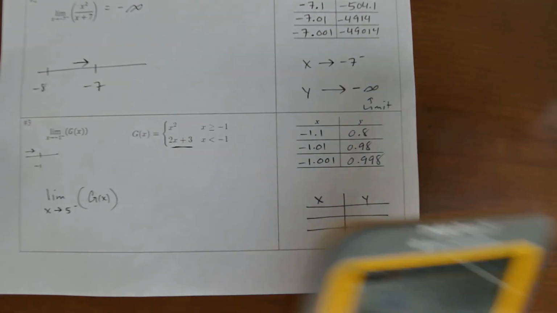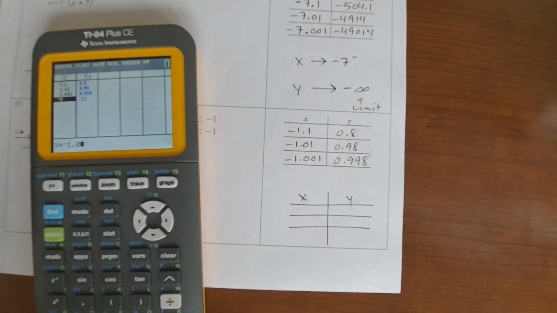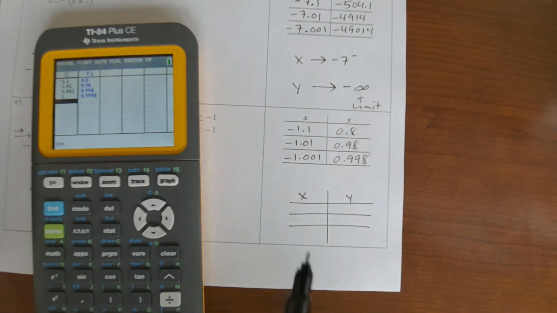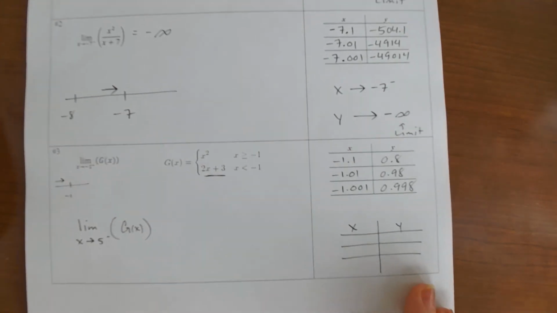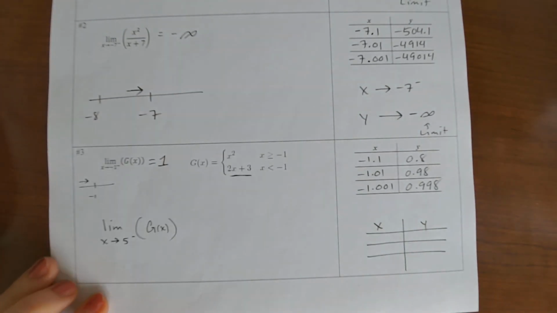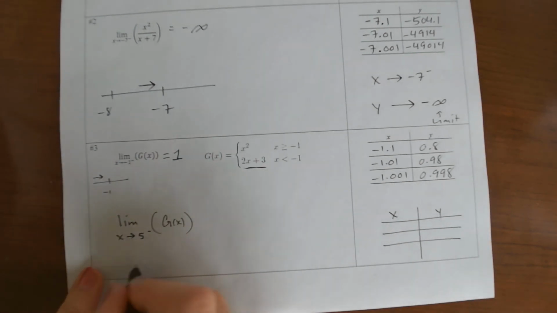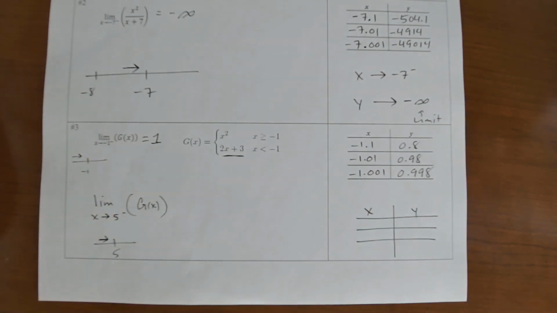You could always do another one, negative 1.0001. They're getting closer and closer to 1. So that would be the limit for that top one.